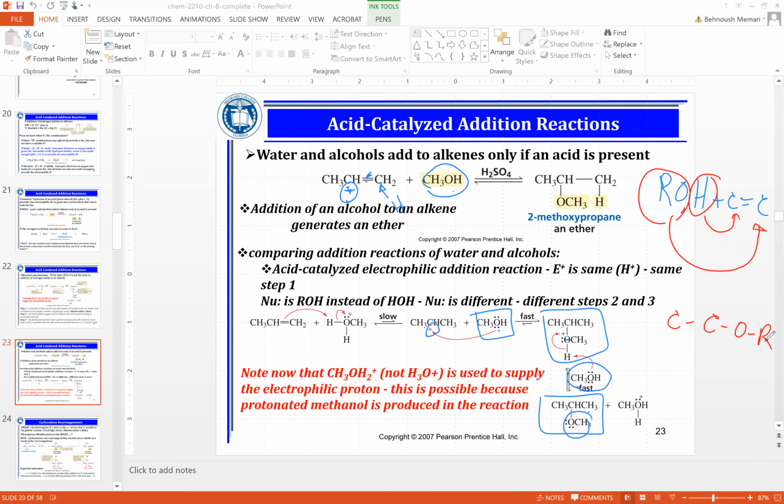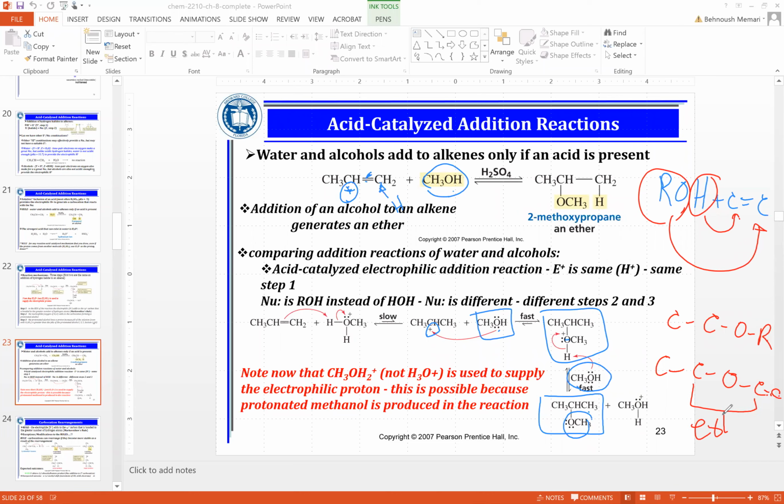R is an alkyl group, right? Whatever it is, it is going to start with a C. So you're going to have C-C-O-C. It could be one C or more than one C. It could be a methyl group or an ethyl group. But what is this functional group? It is an ether.